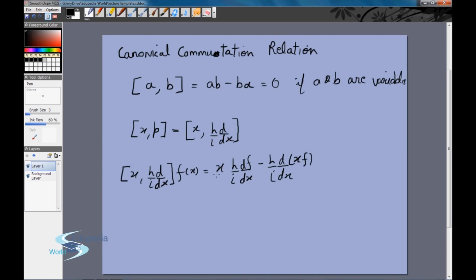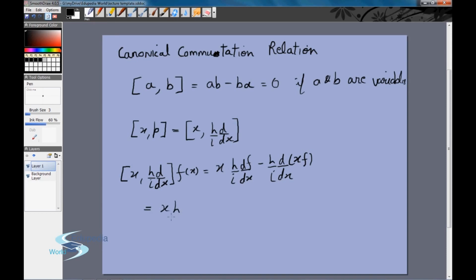So here we apply the momentum operator and then the position operator. Here we apply the position operator and then the momentum operator. Now here, since you have the derivative of f and here you have the derivative of x times f, you can see that the difference will not necessarily be 0. And we can actually solve it to see how much it is.